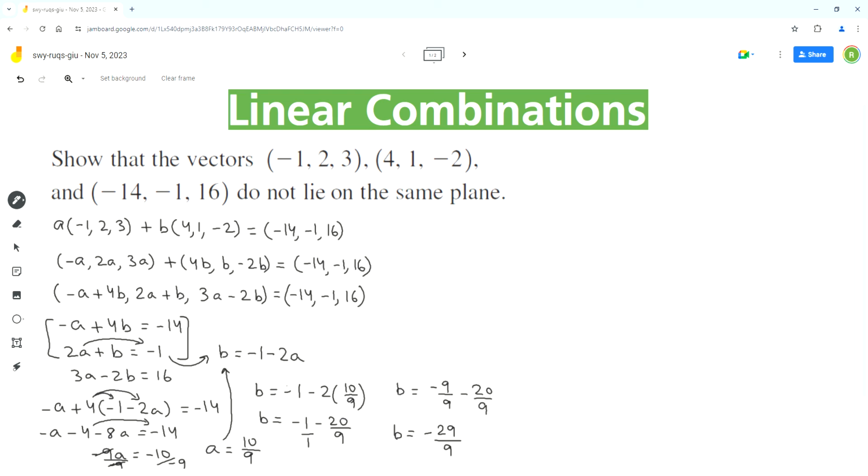Now we'll sub in the values of a and b in the third equation, this one, and check if the left side becomes equal to the right side. So a is 10/9.